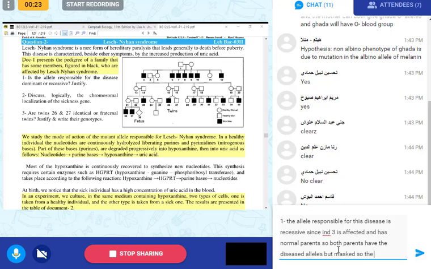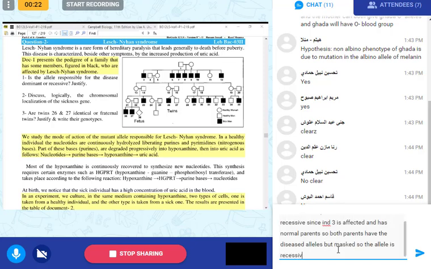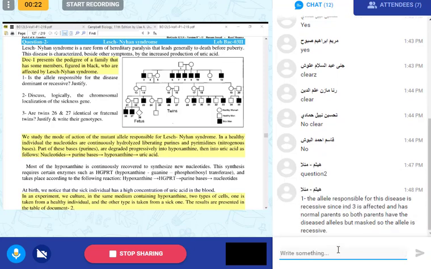So the allele is recessive. Very good. Okay, question 2: discuss logically the chromosomal localization of the sickness gene. Come on, let's see.